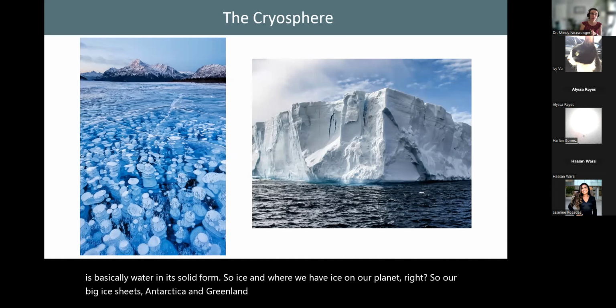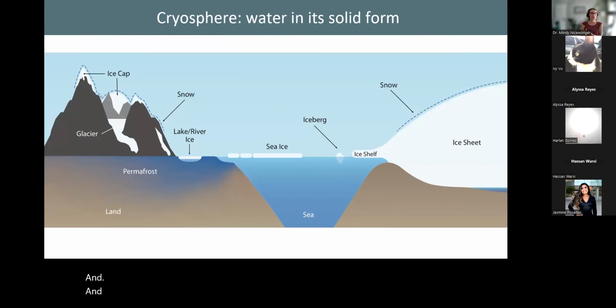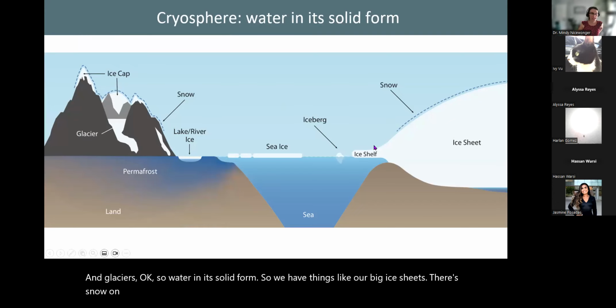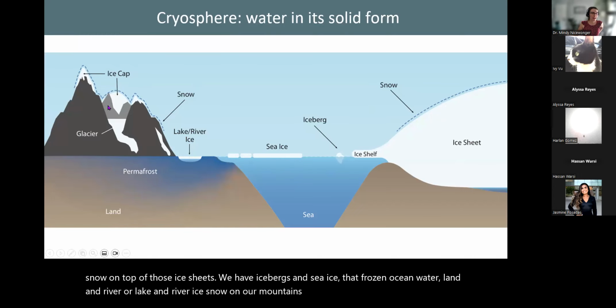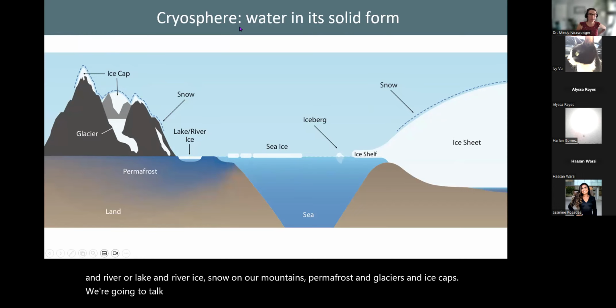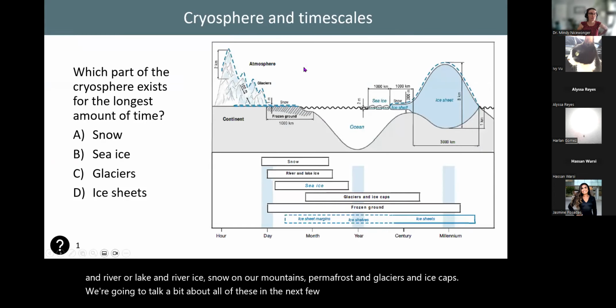We also have frozen water as snow and glaciers. So we have our big ice sheets, and there's snow on top of those ice sheets. We have icebergs and sea ice, that frozen ocean water, lake and river ice, snow on our mountains, permafrost, and glaciers and ice caps. We're going to talk a bit about all of these in the next few lectures.